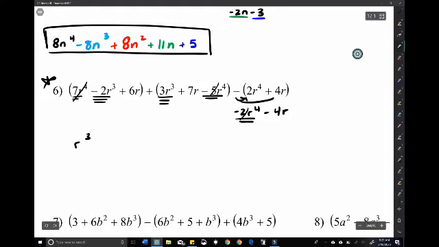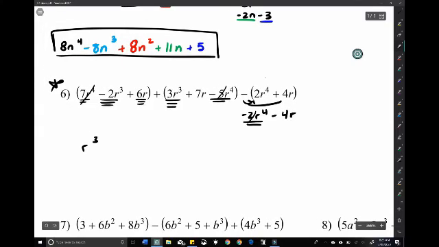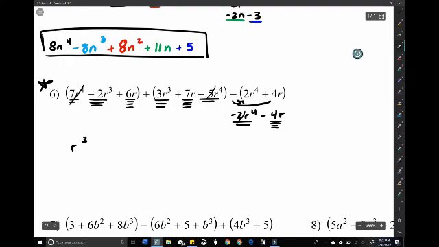R to the third. The squareds, nothing. Thirteen, 9. And any constants? No. So r to the third plus 9r.